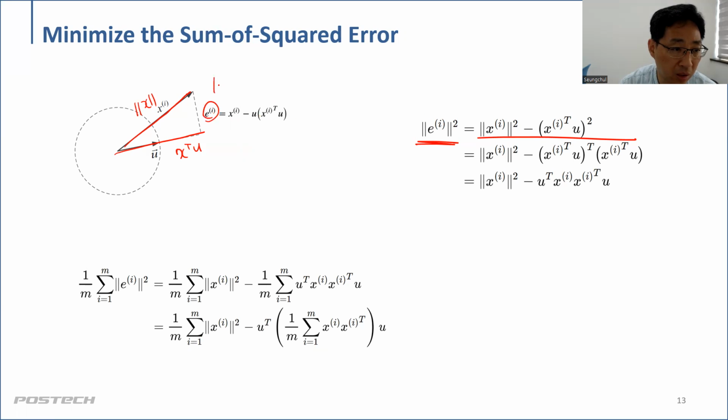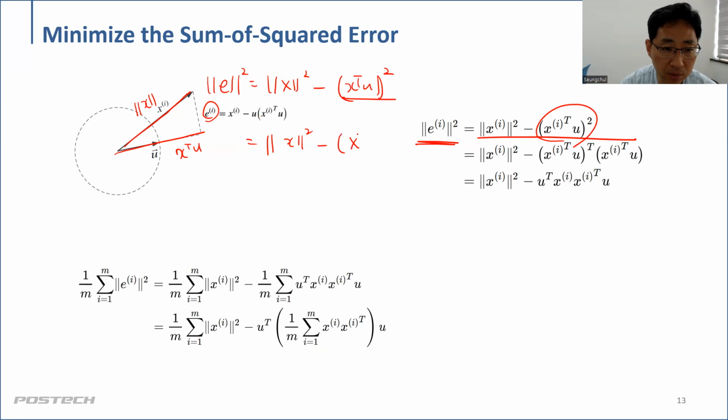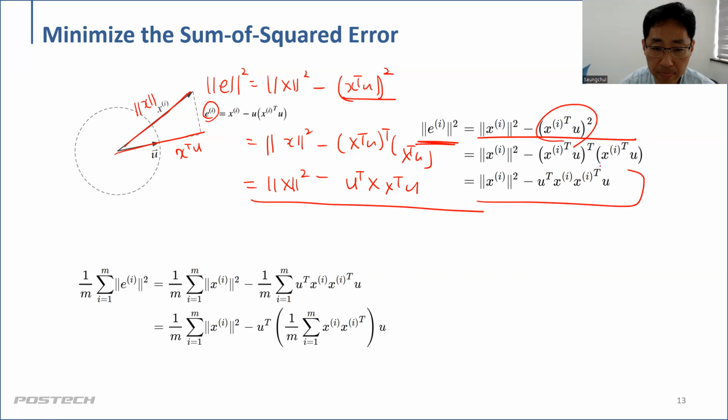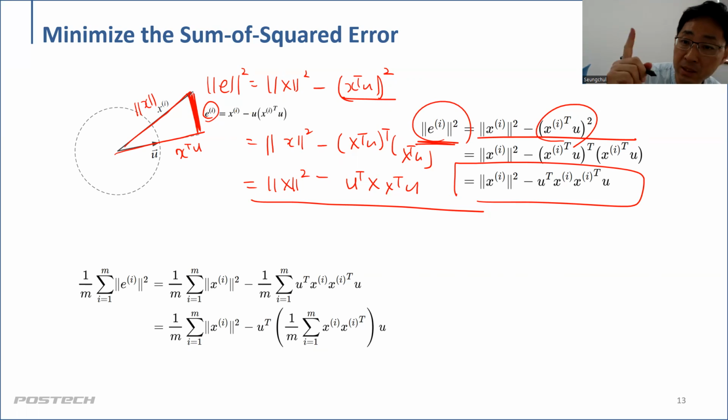So the length of this error is the length of x squared minus the projection squared. Again, think about x transpose u, then u transpose x, x transpose u squared, and now we are here. This is how we compute the magnitude of error for a single data point.